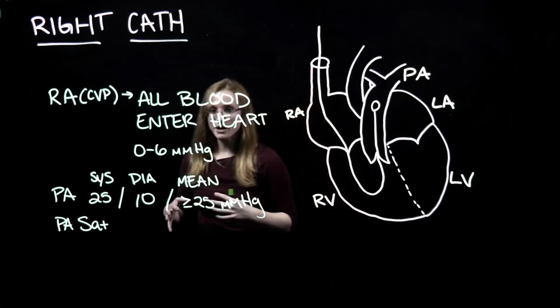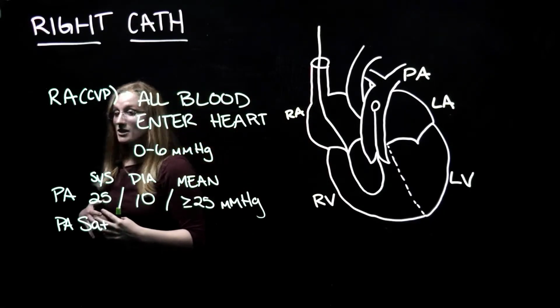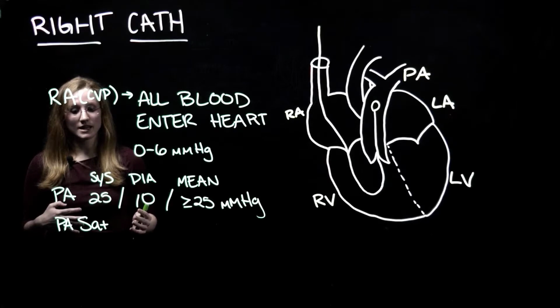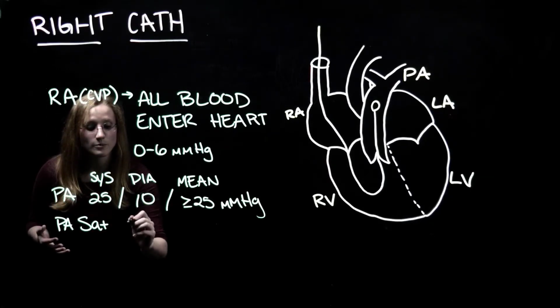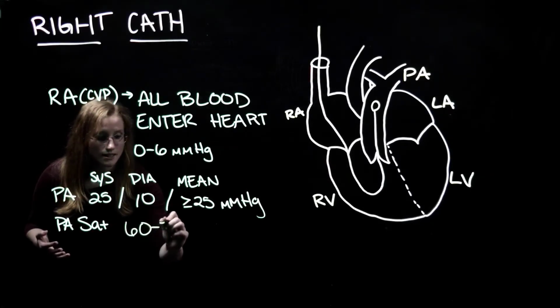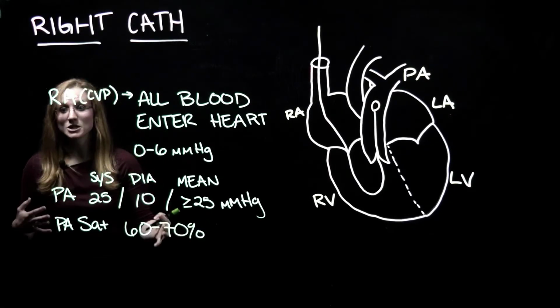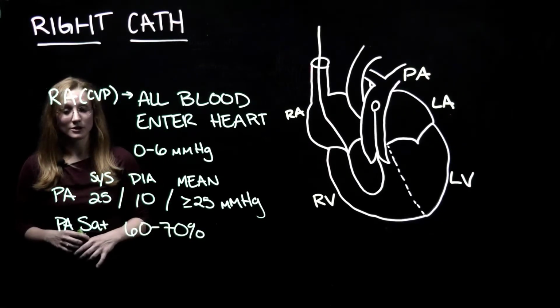So thinking about that, what might that actually be? Ideally, somebody's true PA sat is somewhere between 60 and 70 percent, ideally closer to 70 is what we're shooting for in patients.